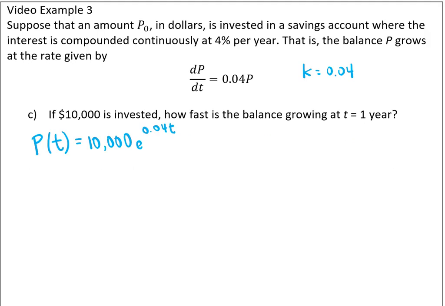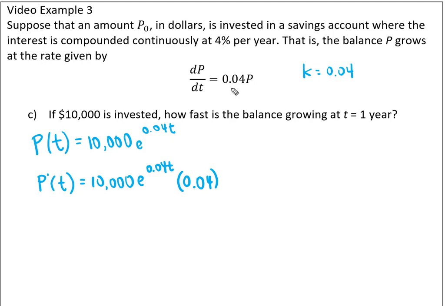If $10,000 is invested, how fast is the balance growing at 1 year? Well, before we can find that out, we have to take the derivative. And that would be 10,000 e to the 0.04t times 0.04. And that's doing the chain rule, doing the derivative of the inside.